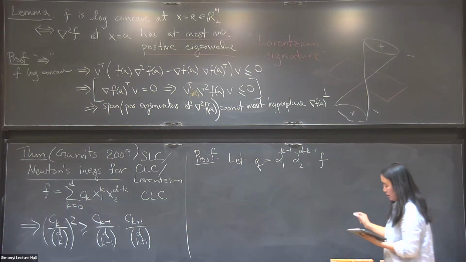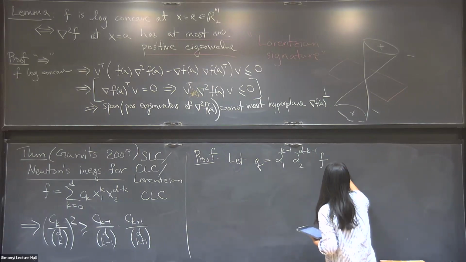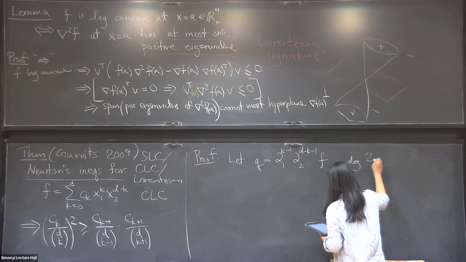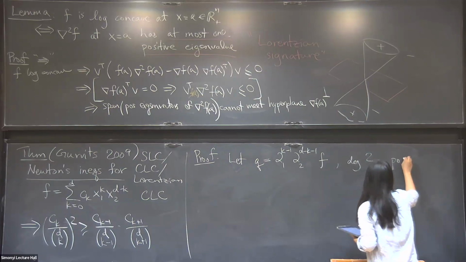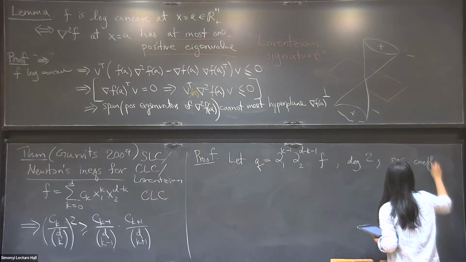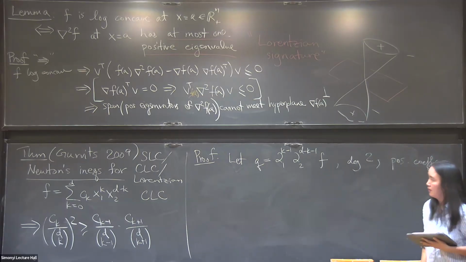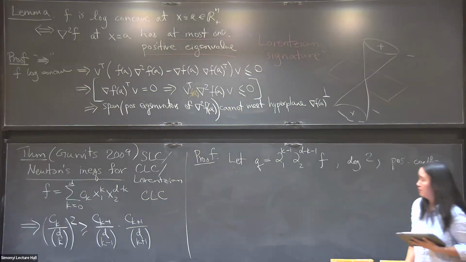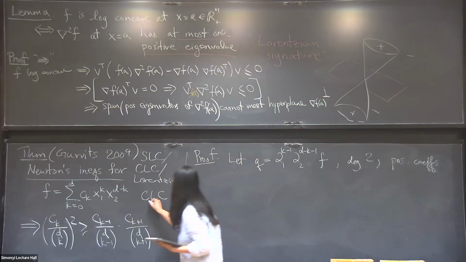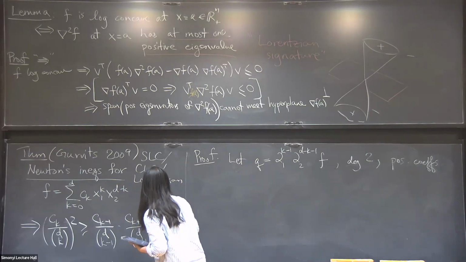And you get this. This is a degree 2 polynomial, and it still has positive coefficients. I'm assuming that everything has positive coefficients.